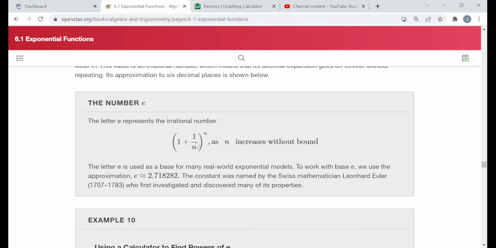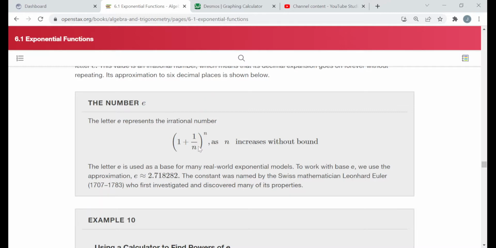So 1 plus 1 over n, and then that number raised to the nth power. If you make n larger and larger, the value of this expression approaches what is called a limit, which you'll get into in more of a calculus class. But the limit of this expression as n increases without bound is called e.